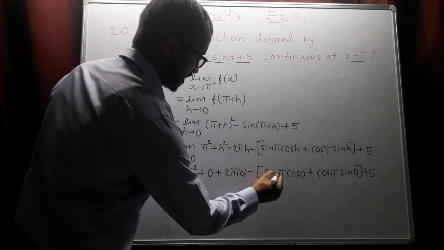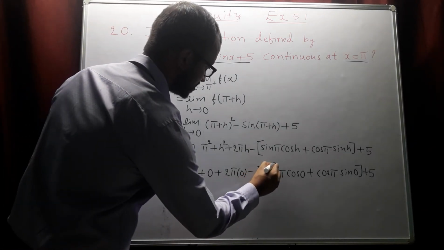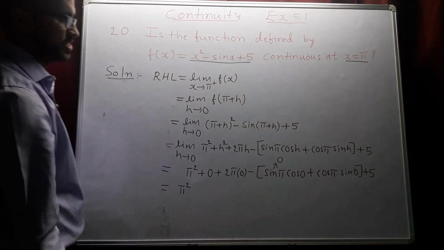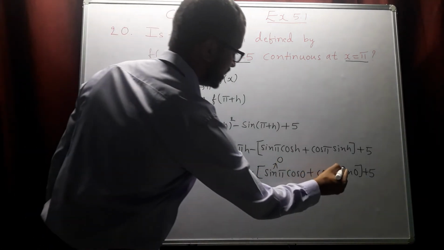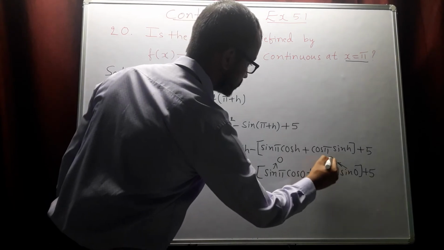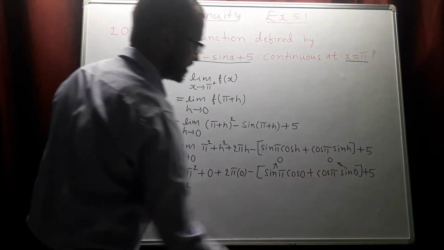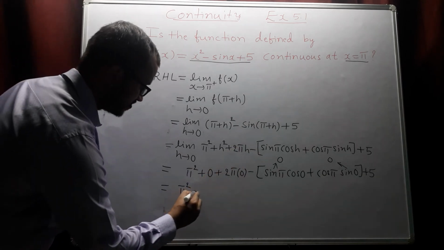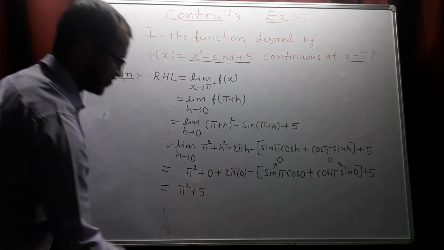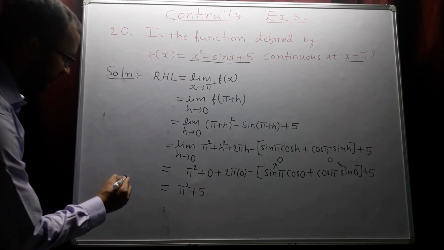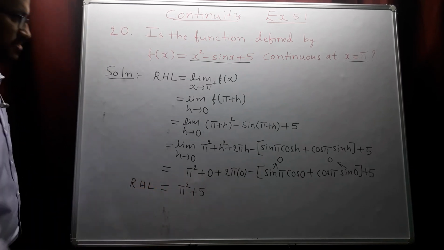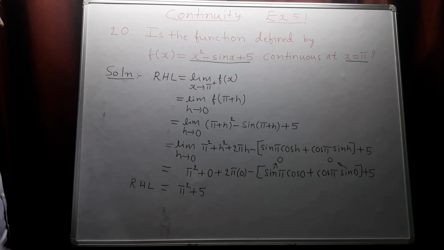Here sin π is 0, so 0 into cos 0 becomes 0. Similarly, sin 0 is 0, so 0 into cos π is again 0. Simplifying, we get π² + 5. So the value of the right hand limit is π² + 5.